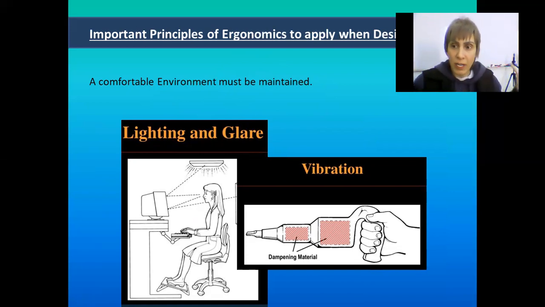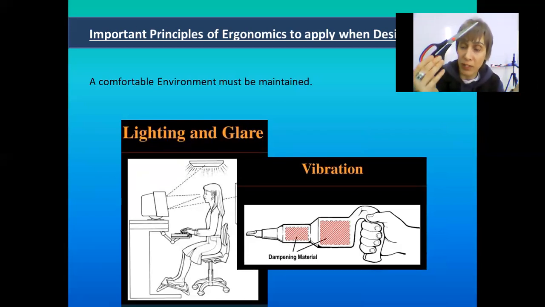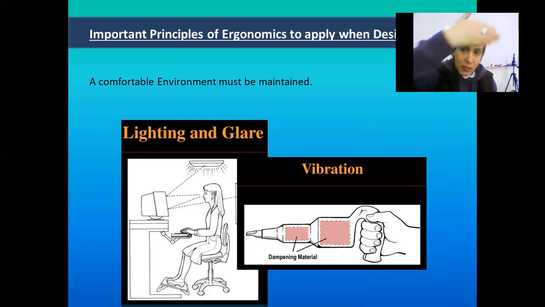So the environment around me must be comfortable, because no matter how well a product is designed, maybe this is perfect, but if the environment is not designed in a comfortable way, then no matter how well this is designed, I will not be able to use it. Or I will be making mistakes, or a lot of things can go wrong. I will not be comfortable while working.